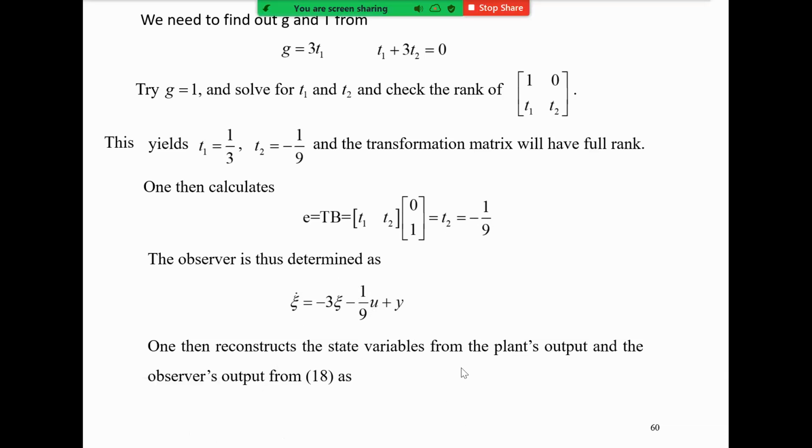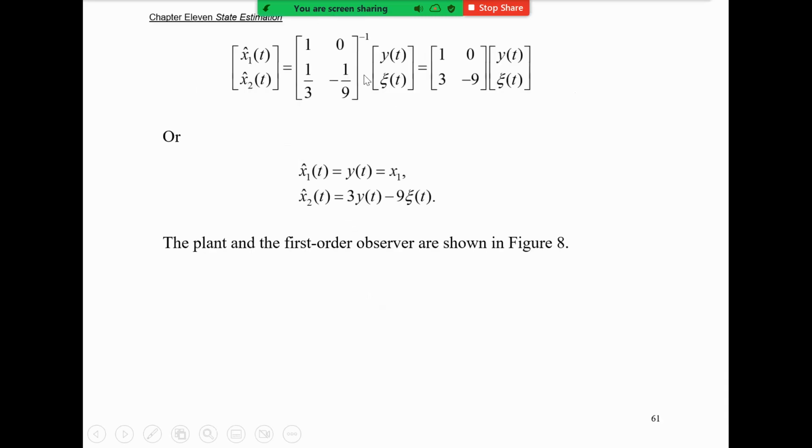But finally, don't forget this last step. If you have a question like this, sometimes students thought, I already finished the design, but okay, you'd better show me how you're going to get the original state.